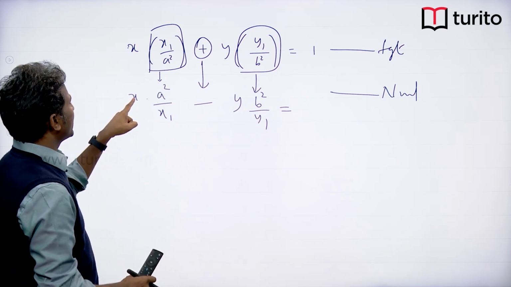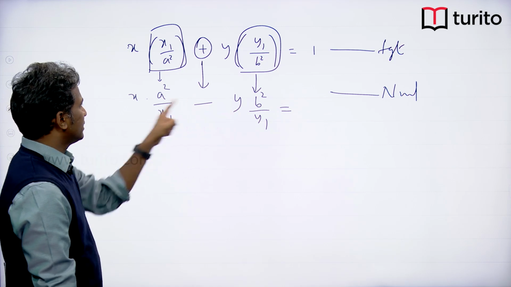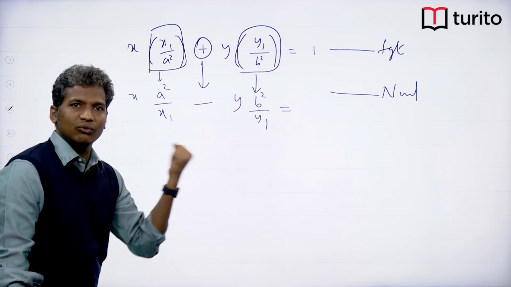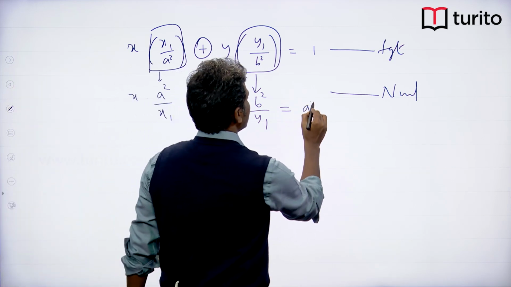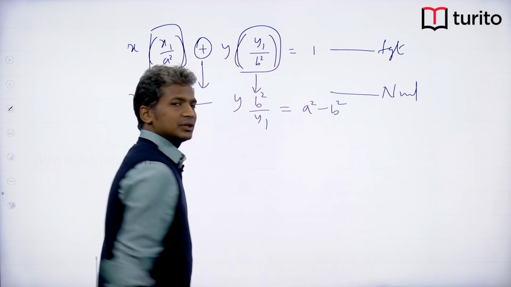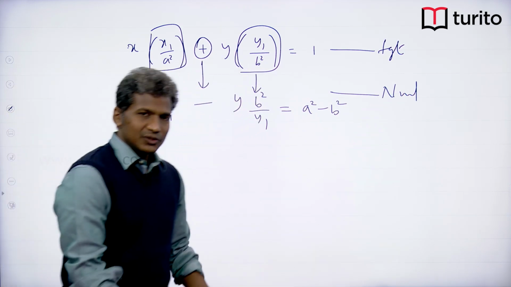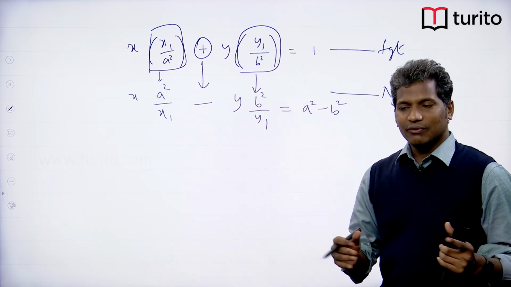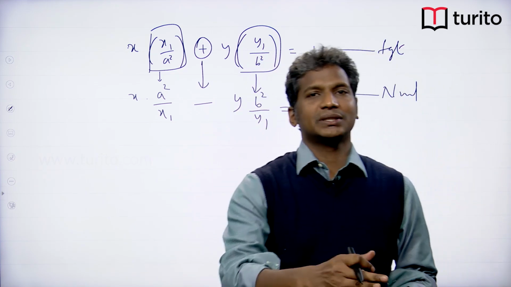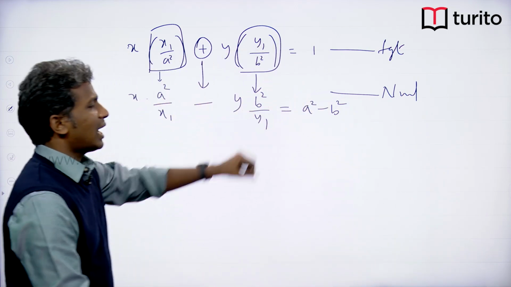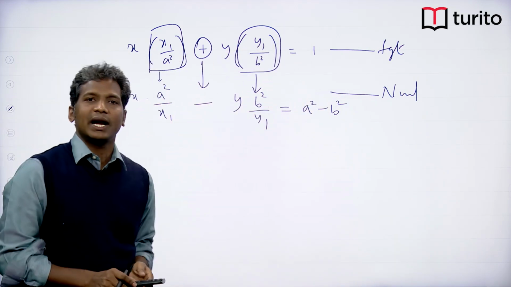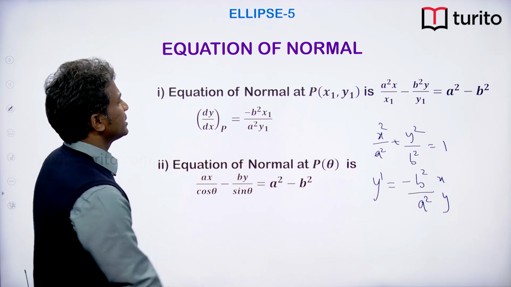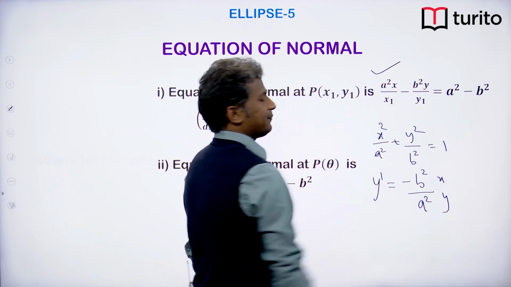So, if I put x1 here and y1 here, x1 and y1 get cancelled and what remains is basically a square minus b square. That becomes our RHS. So, using this pattern, we can remember normals. If we know tangents, we know normals. Okay. So, this is one idea of finding the normal at a point. Look at the equation, it is exactly the same.